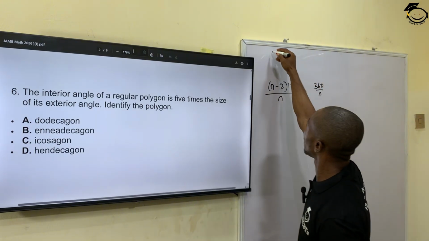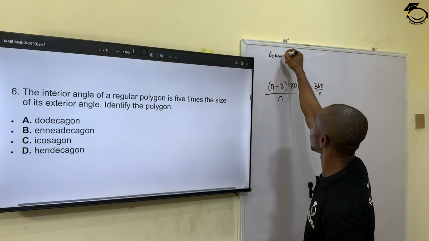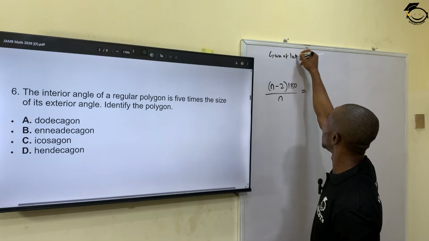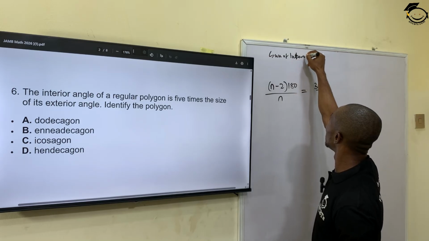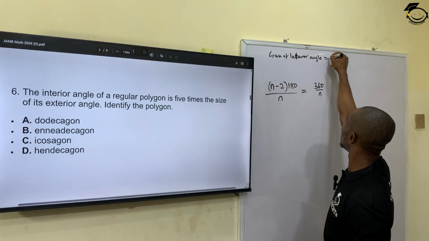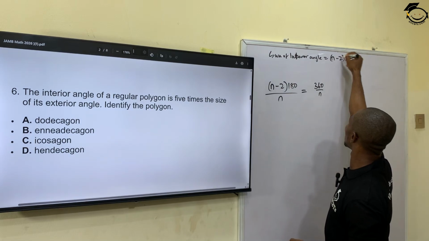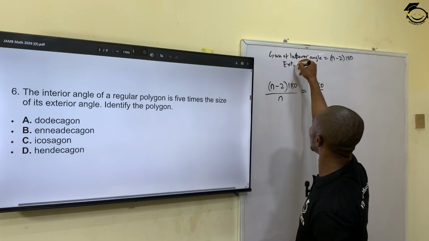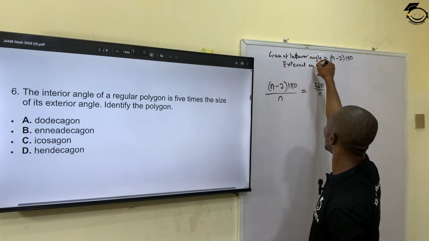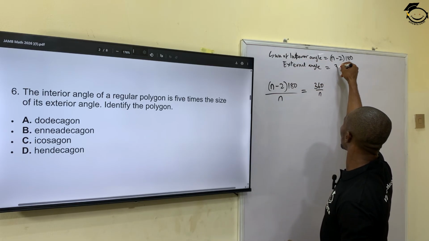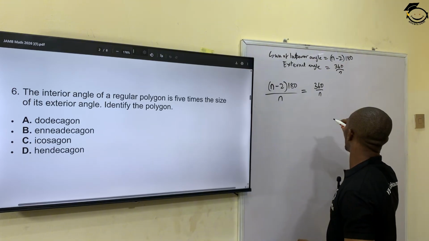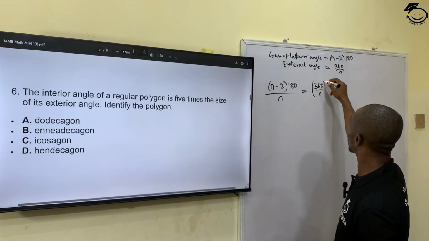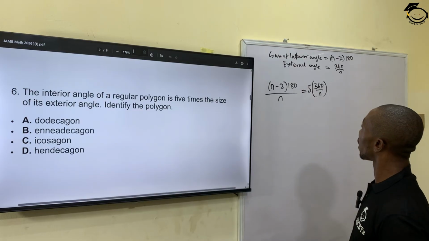So let's look at it: the sum of interior angles is n minus 2 times 180, and the external angle equals 360 over n.